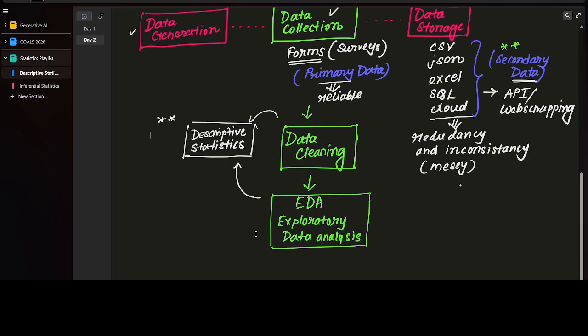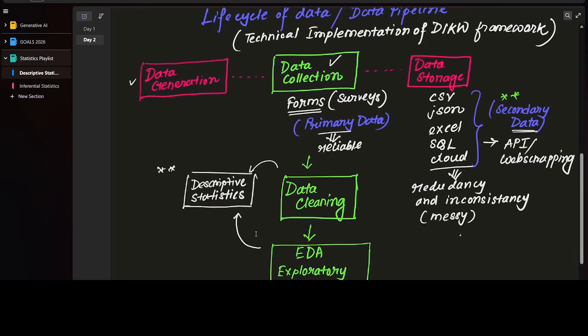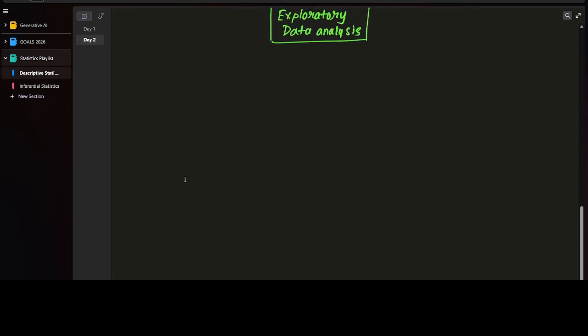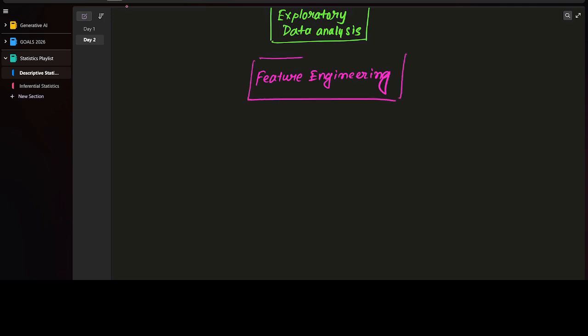Now this is not the last thing of your data pipeline, because this is all about your data analysis. What about your model training? Suppose you are going to train a machine learning model with some machine learning algorithm. After this part you need to perform some more techniques. So in the data pipeline a very important part is feature engineering, which is very important for your machine learning journey.